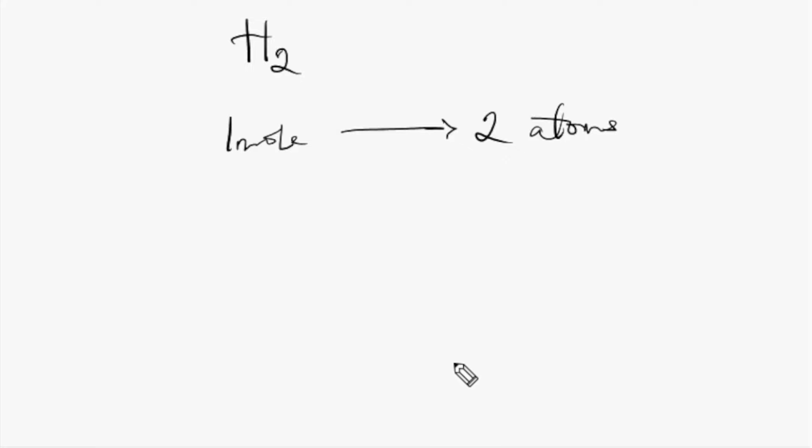If there are 2 atoms of hydrogen in 1 mole of this hydrogen gas, we are going to multiply these 2 atoms of hydrogen times the Avogadro's constant, which is 6.02 times 10 to the power of 23.